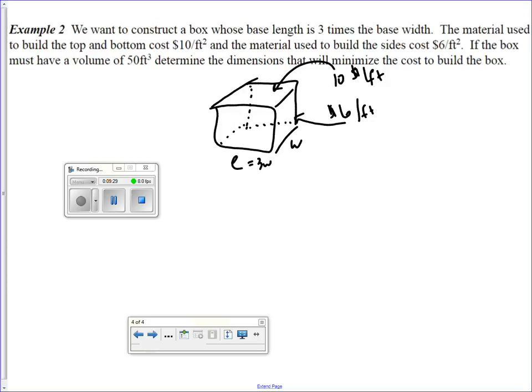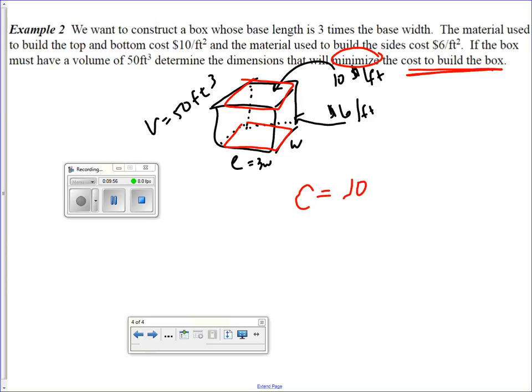We know that it has to have a volume of 50 cubic feet. We want to determine the dimensions that will minimize, so I'm looking for a minimum, the cost to build the box. So my primary equation is an equation for cost. So the cost of this box is that the top and the bottom is $10 per square foot.